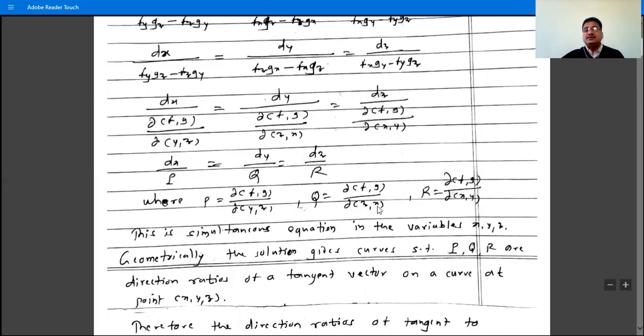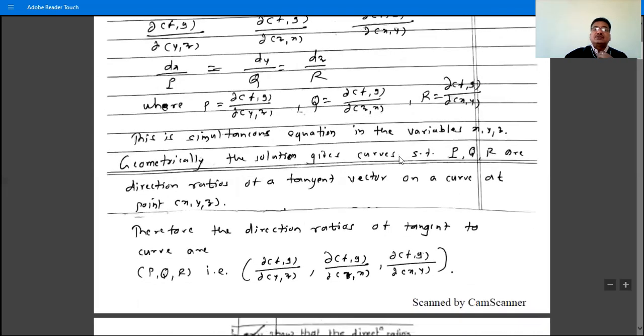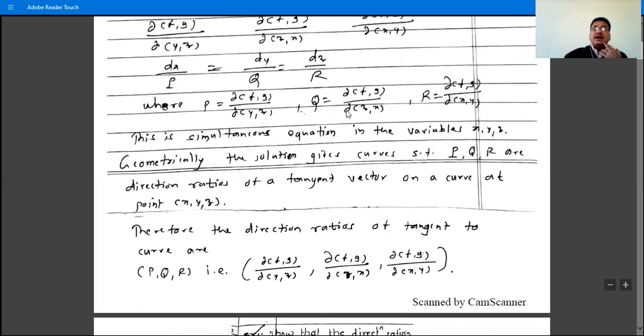So write ∂(z,x), and then ∂(x,y). If you write ∂(x,z), it becomes minus Q, so don't write ∂(x,z). It is zx. The sequence is x, y, z, and after z we have x in the cycle.